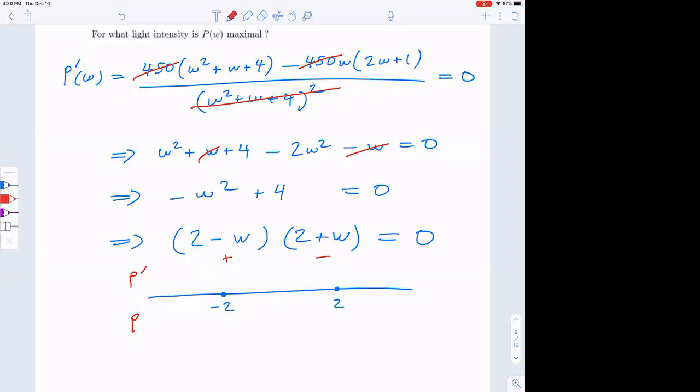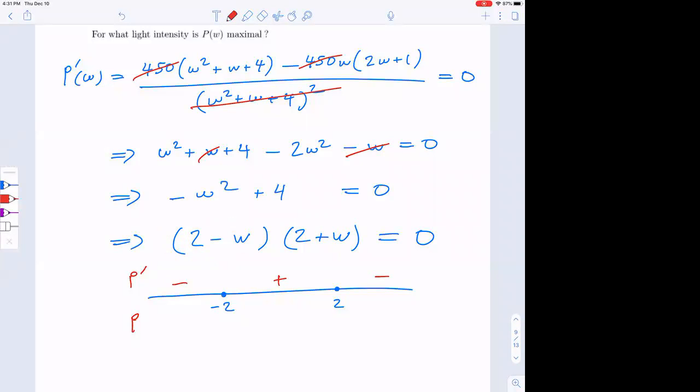So for this portion, it's negative. And then when we plug in something like 0, this number here would be 2, and this number here would be 2, so the whole thing would be positive. And then at 2, it would switch back again to being negative, because we would now have a negative factor there.